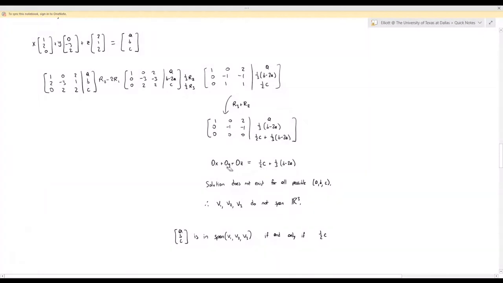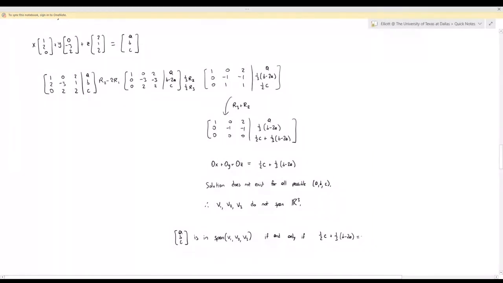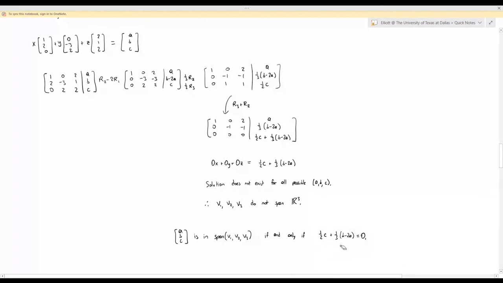Because if this were 0, that equation would be consistent: 0 equals 0. So if and only if this equals 0. This is a condition that a vector would have to satisfy in order to be in the span of these 3 vectors.